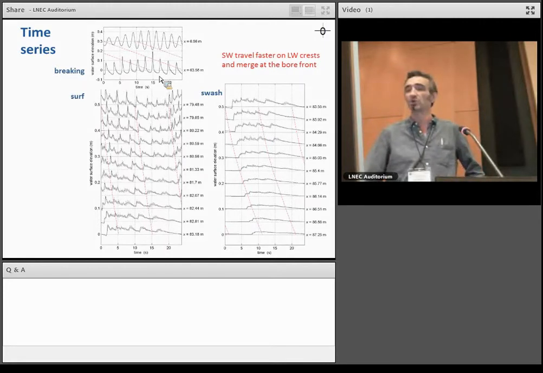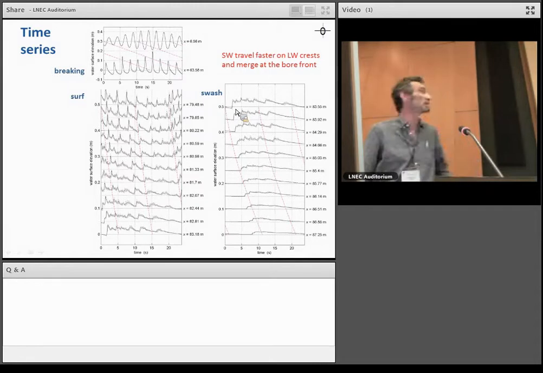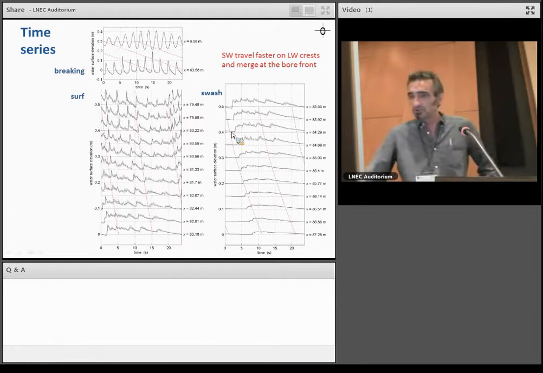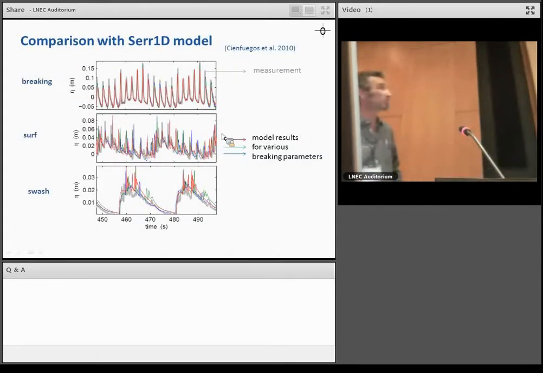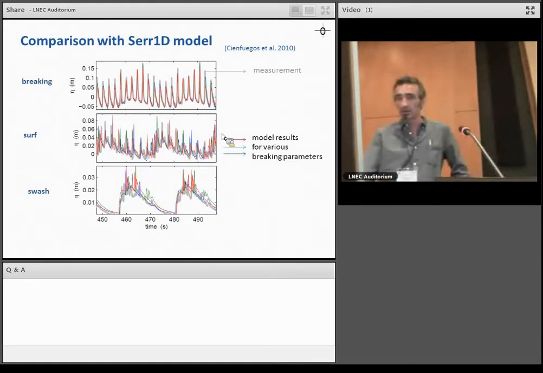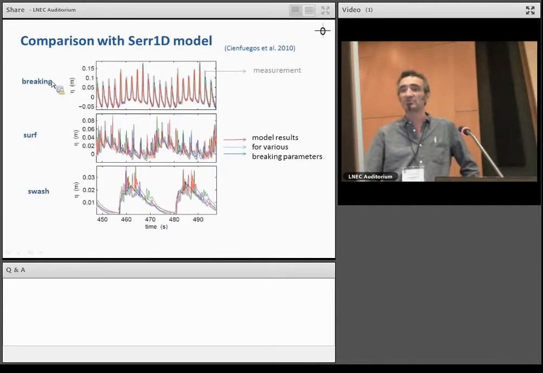There are three colored lines corresponding to model results for different breaking parameters, that are the breaking index, the front slope of the wave, and the dissipation coefficient of the roller, and to show that depending on these parameters, changing them slightly, we may more or less reproduce the merging of the short waves. But all in all, the agreement is quite good.